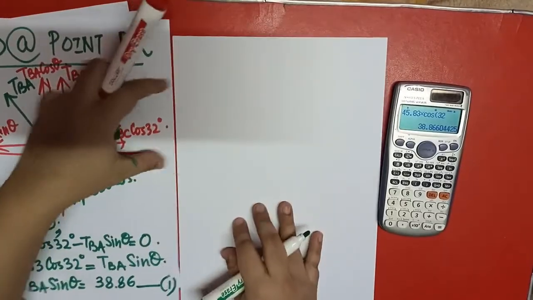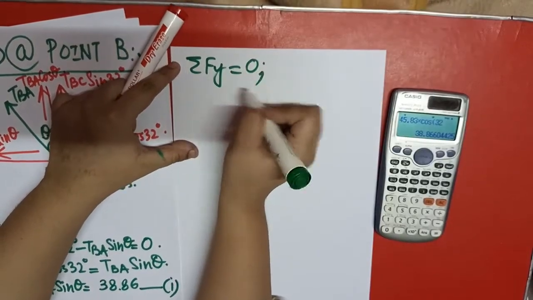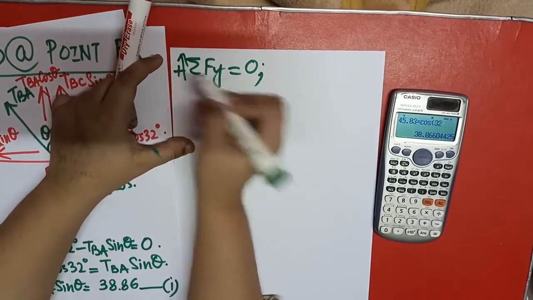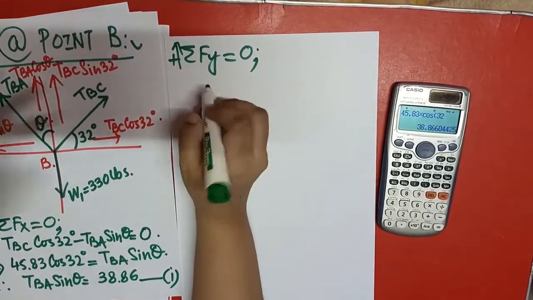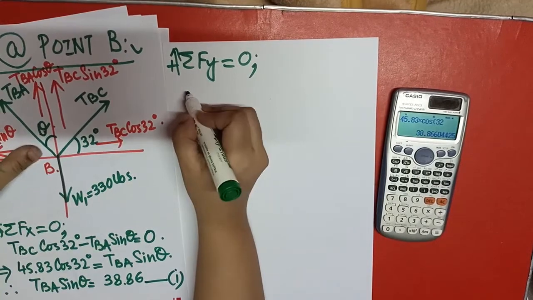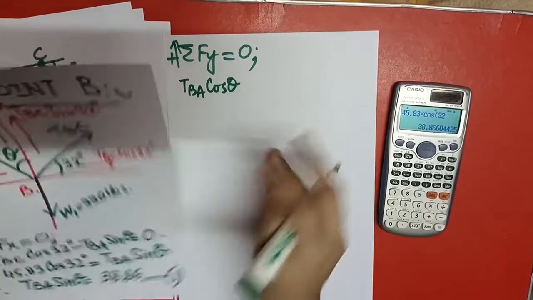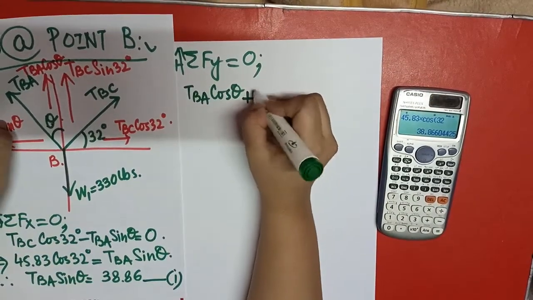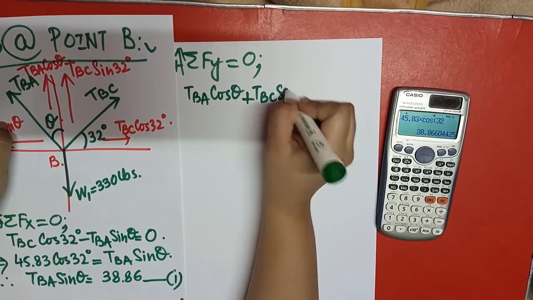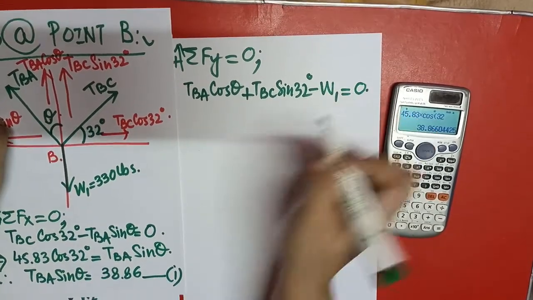So now I have to sum up the vertical forces here. I will get two equations and I have two unknowns, so then I will solve them simultaneously. Summation of Fy: positive TBA cos theta. There are three forces, these two and this one. So plus TBC sin 32 degrees minus W1 equals 0.